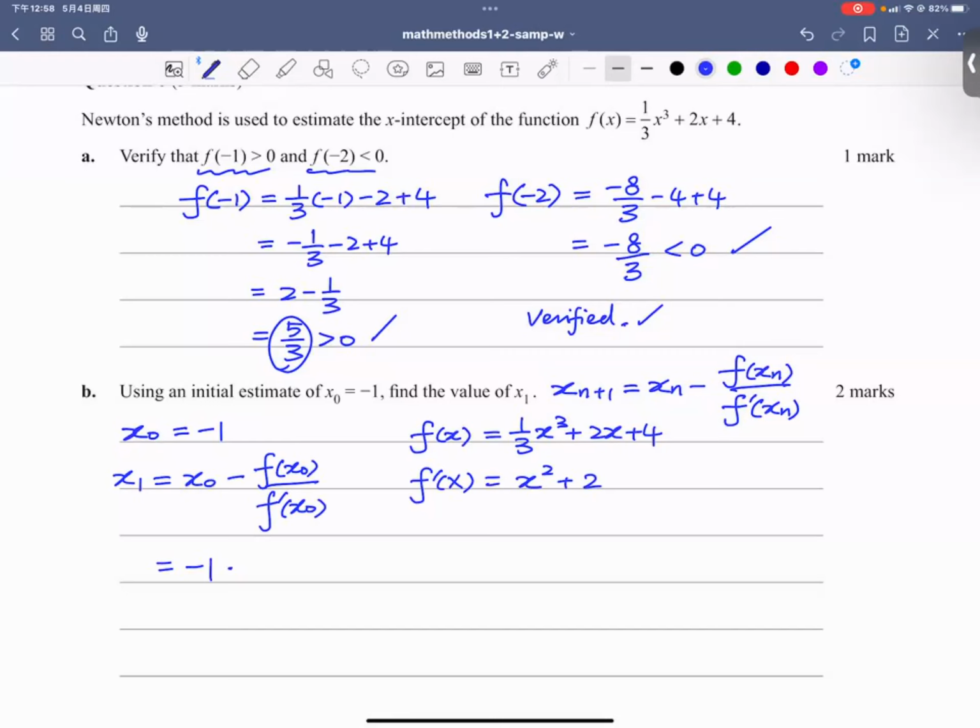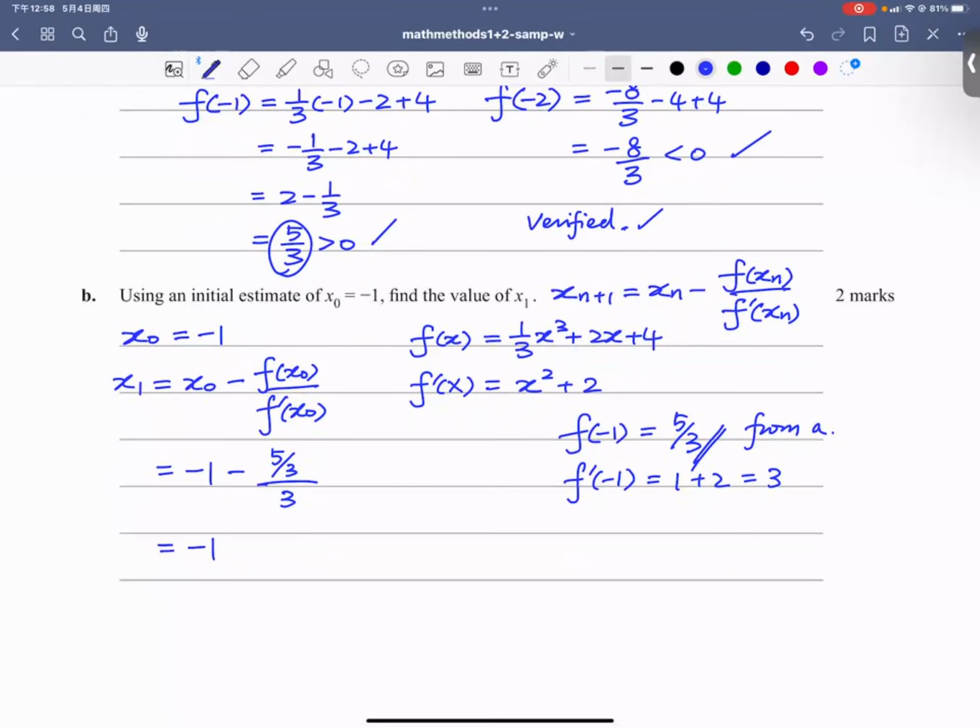So this is minus 1, subtract. Well, f of minus 1 is going to be 5 over 3. You already calculated that value from the previous part. Then f dash of minus 1 is simply 1 plus 2 equals 3. So I will be writing down 5 over 3 divided by 3.